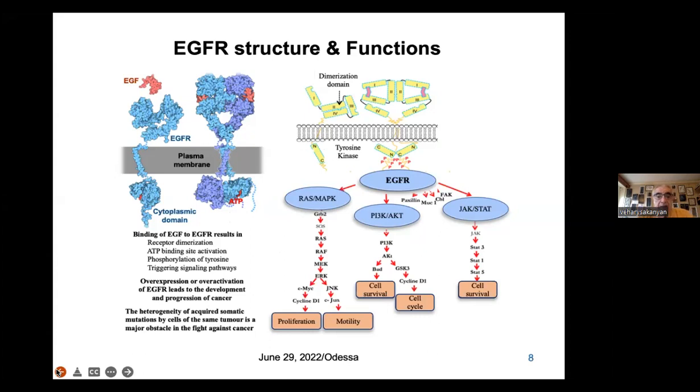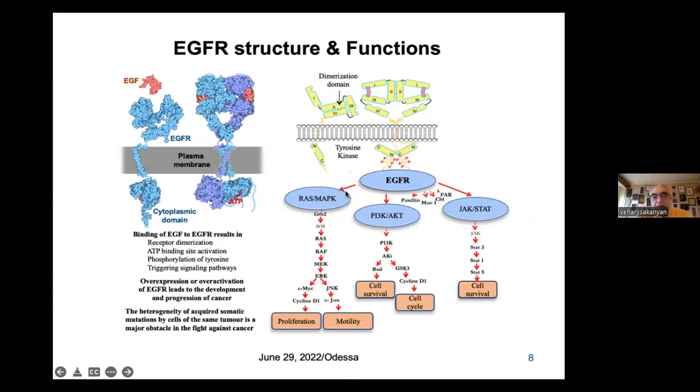And tyrosine phosphorylation is practically the beginning of the triggering signaling pathway, as mentioned here. You see dimerization, and this is the beginning of the downstream signaling pathways in the cells downstream of EGFR: the so-called RAS-MAP kinase signaling pathway, PI3K, AKT, and JAK-STAT pathways.